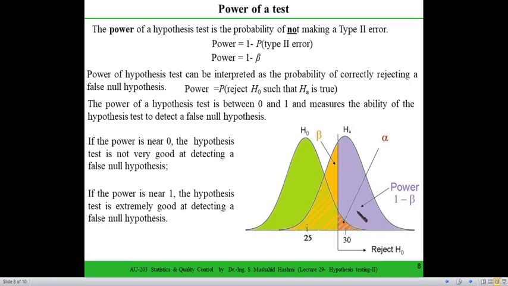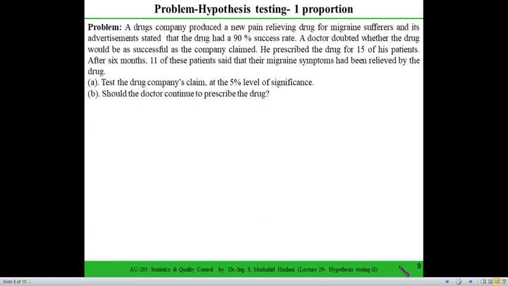If this number is bigger, it means the null and alternative hypotheses are farther from each other, and the power of your hypothesis test is extremely good at detecting a false null hypothesis. So this is what the power of a test represents.